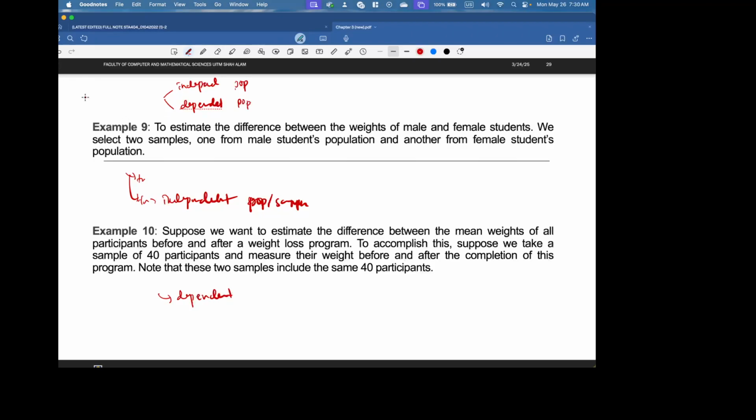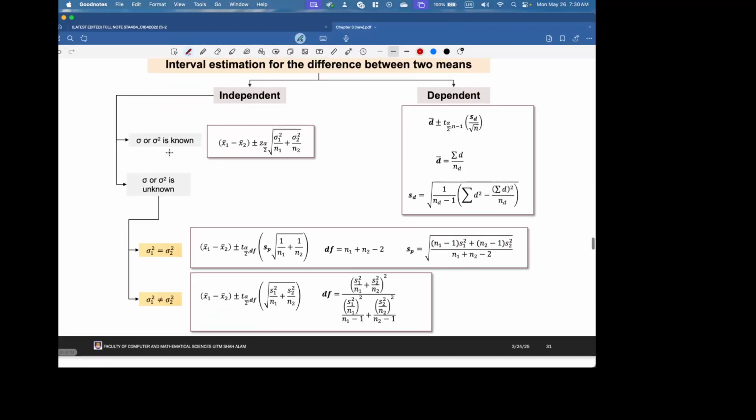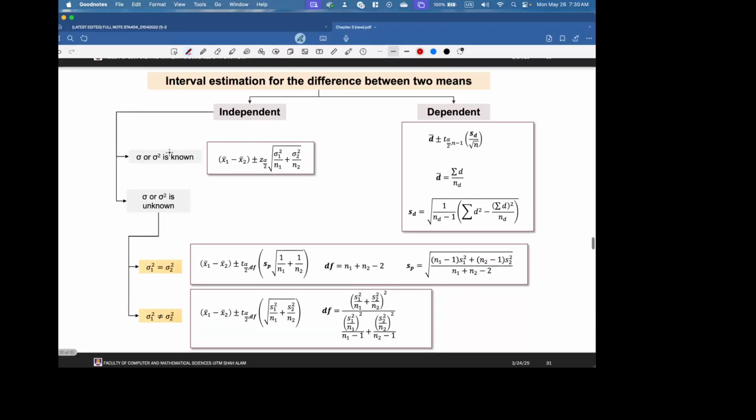Refer to your list of formulas that you printed. Depending on the situation, we will have different formulas for the interval estimation. The first decision you need to make while reading the information is whether the sample is independent or dependent.